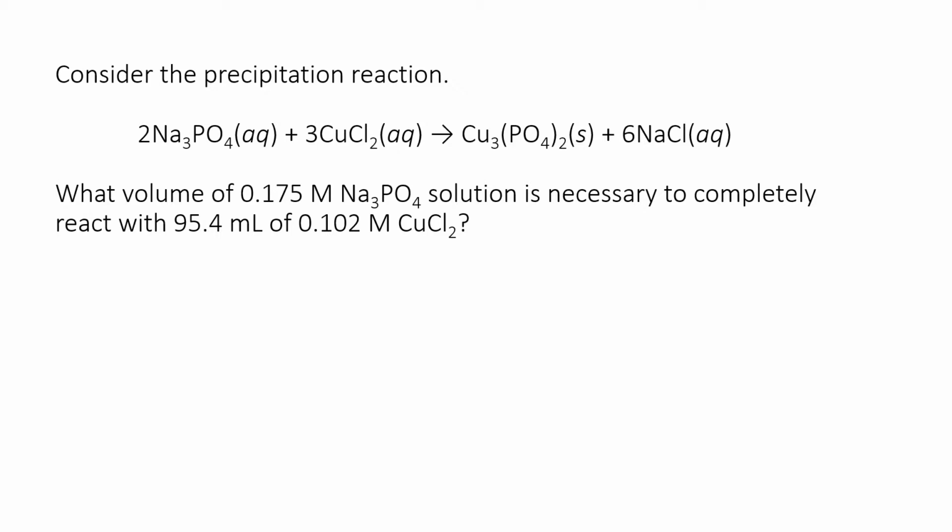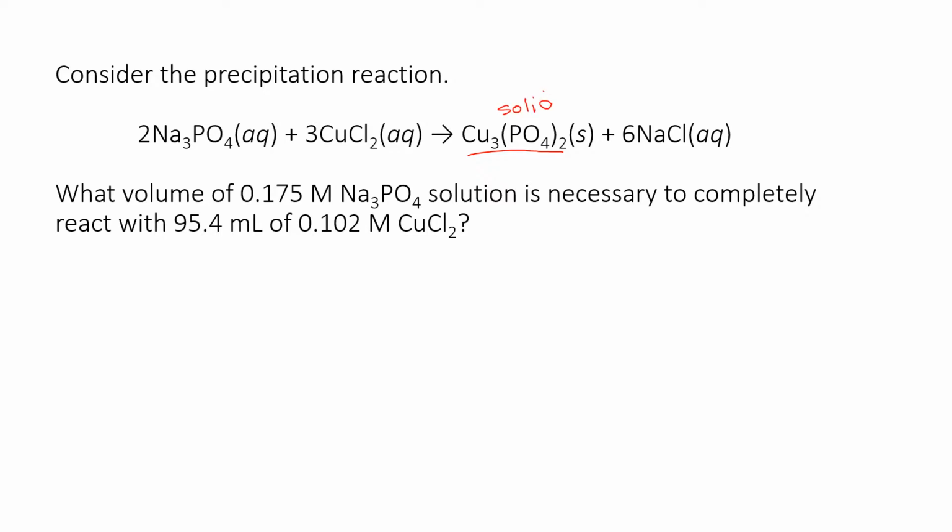Okay, let's apply solution stoichiometry to a chemical reaction. So in this chemical reaction, this is a precipitation reaction where we have two solutions that ultimately yield copper 2 phosphate, which is our precipitate. So it crashes out of solution.